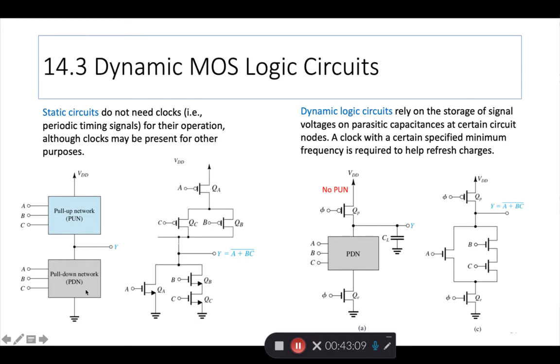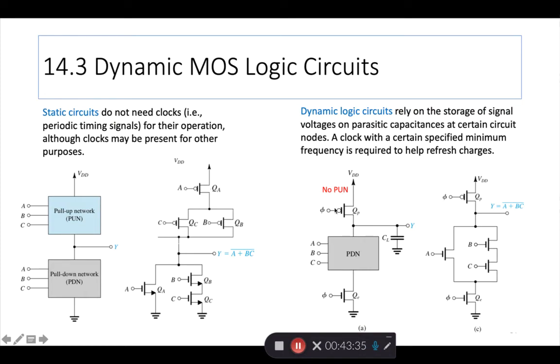So what's the big difference? All right. In a static circuit, you have a pull-down network, you have a pull-up network. So if you want to implement something like this, you have the pull-down, you have the pull-up. With dynamic, you don't need a PUN at all. You don't need the pull-up network. So this is similar to that pseudo NMOS we studied right at the beginning, right? So all you need though, you need two other things.